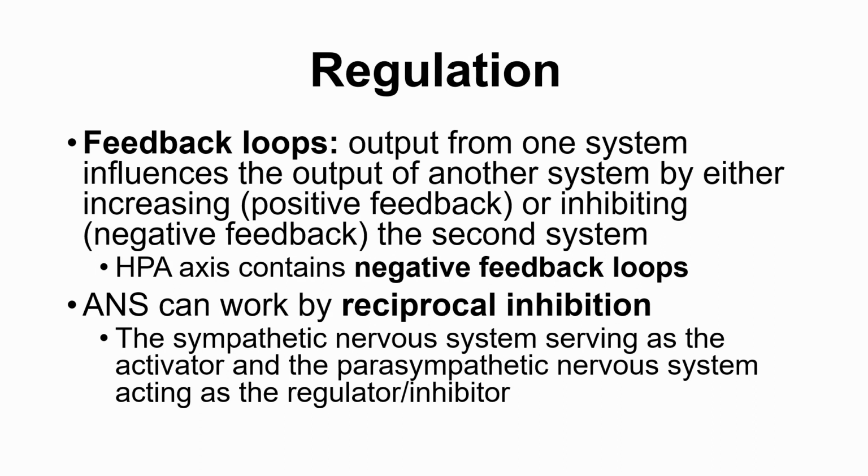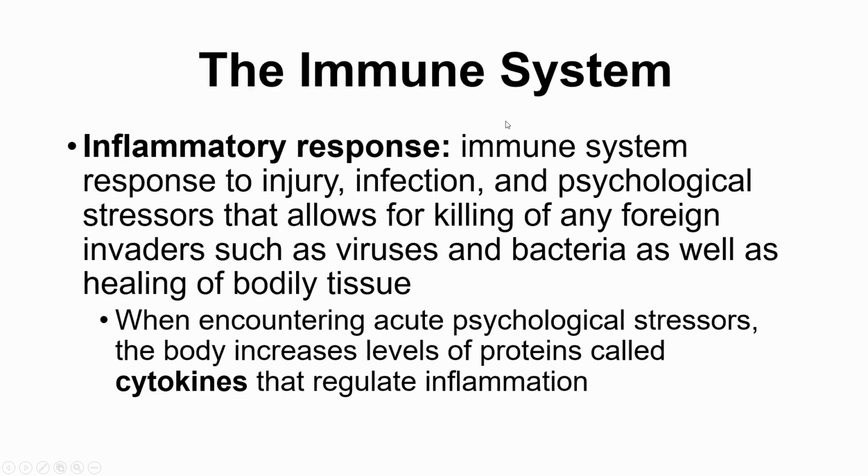And our parasympathetic nervous system is going to be a regulator or an inhibitor, so it tries to bring our levels down. And so they're going to inhibit each other. As the sympathetic nervous system is getting higher, we're going to have less of the inhibition, and then we can shift back the other way. They're going to almost play tug of war with one another and find a balance in the middle. So those are our different categories of regulation.